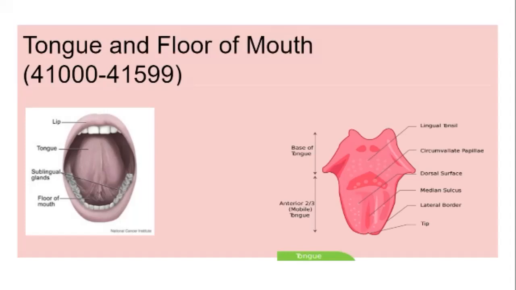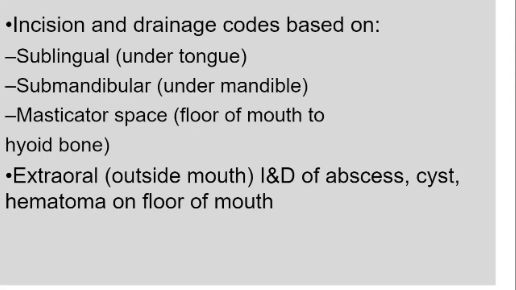Incision and drainage codes are based on sublingual, which is under the tongue, submandibular, which is under the mandible, and the masticator space, which is the floor of the mouth, to the hyoid bone. Extraoral is outside the mouth.